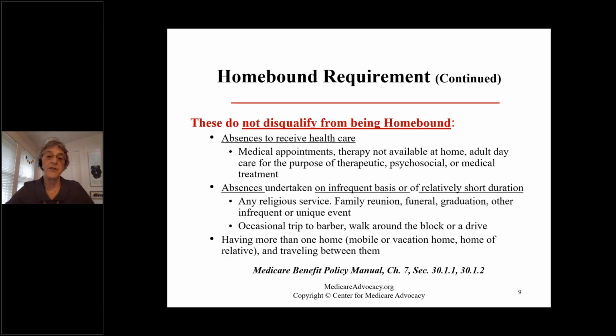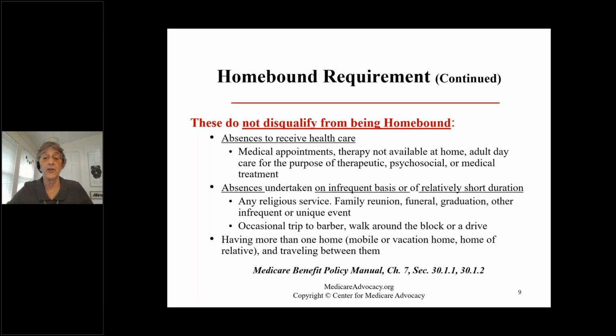Now, it's often told that people are not homebound when they, in fact, still meet the homebound criteria. For instance, absences to receive health care. If a person must go to get care that cannot be provided at home, then the individual is not disqualified from being considered homebound, which, as you realize now, they have to qualify as homebound in order to get Medicare coverage for home care.